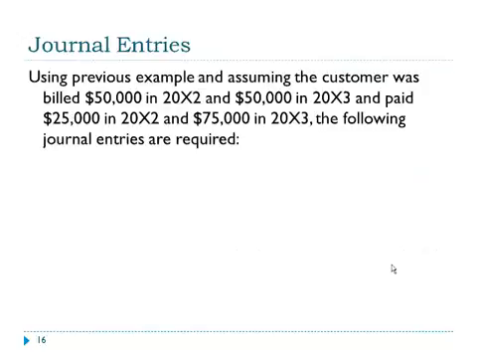Let's take a look at the journal entries that would be written if we assume that the customer was billed $50,000 in 2002, $50,000 in 2003, and actually paid $25,000 during the year 2002, and the other $75,000 in 2003.